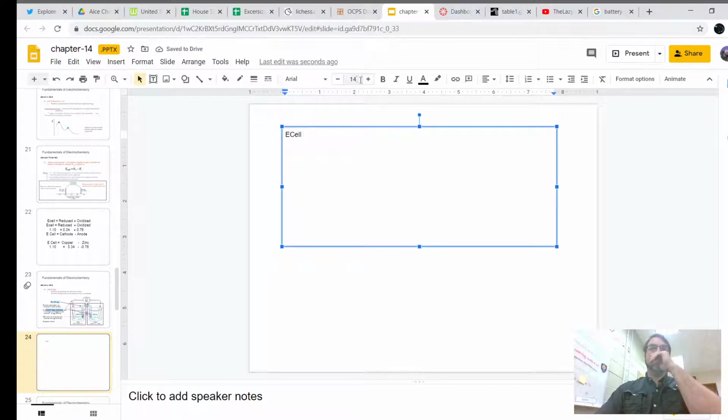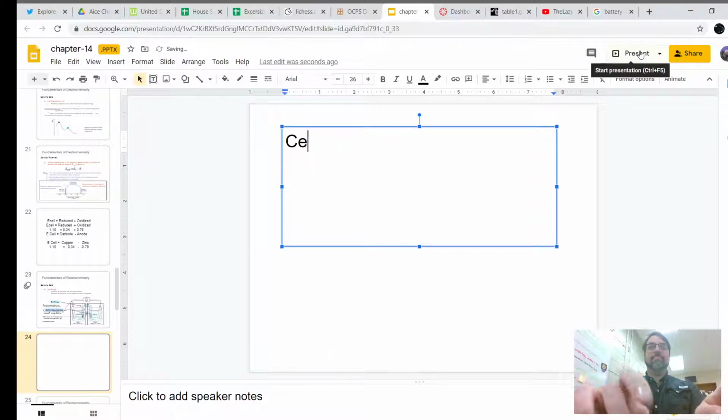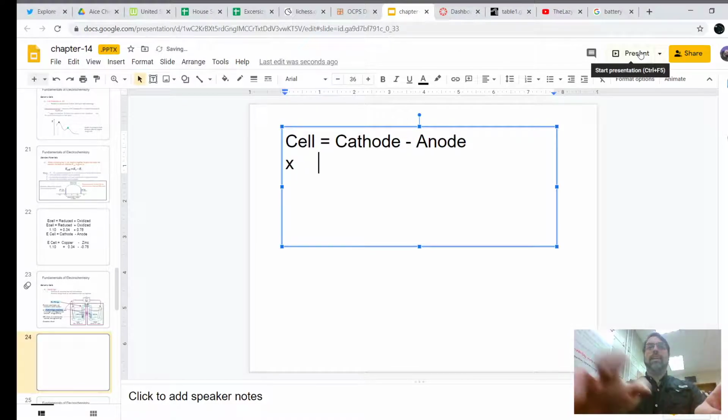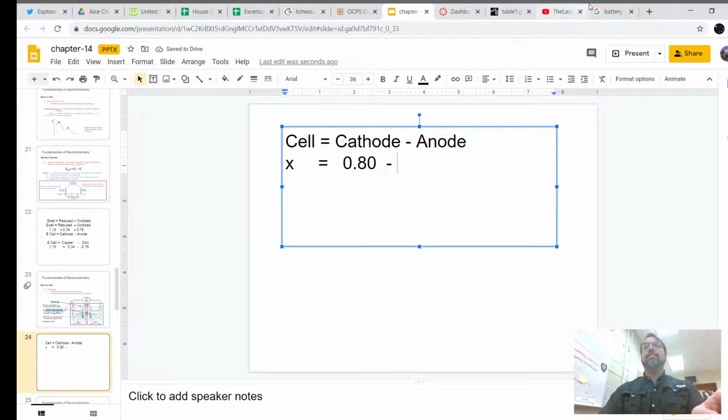Let's make this a little bit bigger. We'll put in an X there. Our cathode is going to be 0.80. We'll subtract from there our anode.